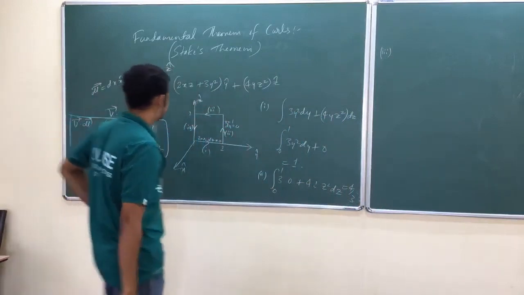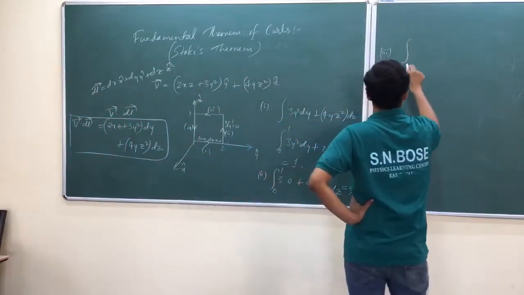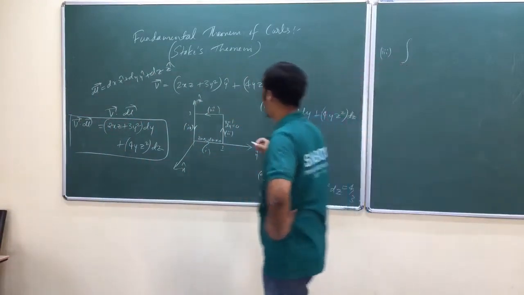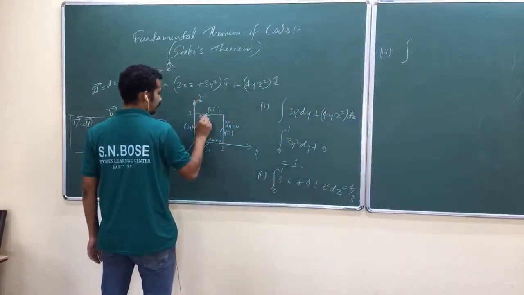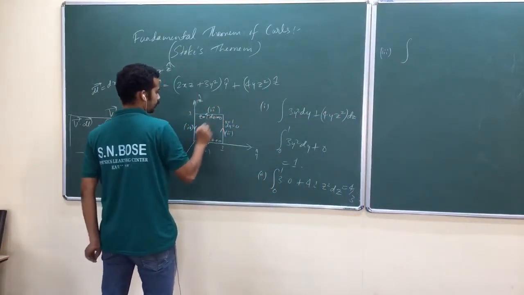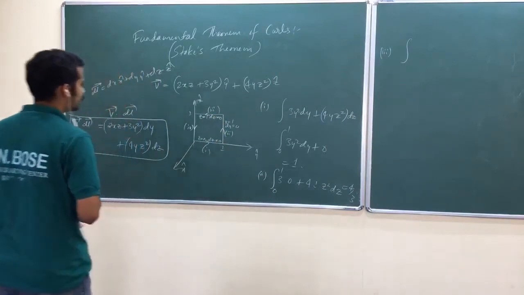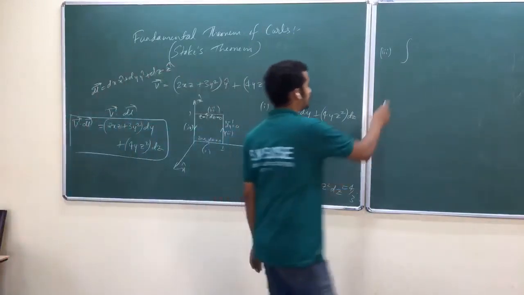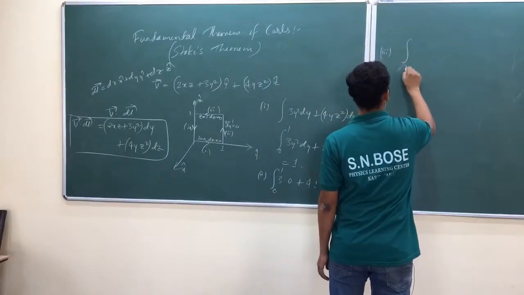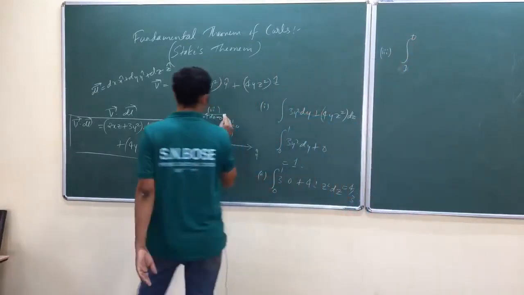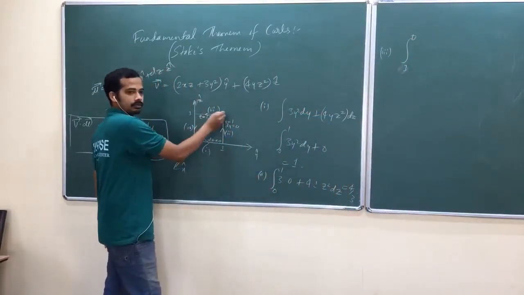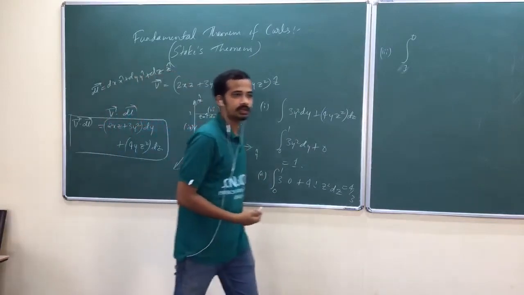Third one. Here z equal to 1, dz equal to 0. Y is running from 1 to 0. Don't forget, don't write 0 to 1, it's 1 to 0, because your path is from here to here, not here to here. Be careful. That does matter, am I right?